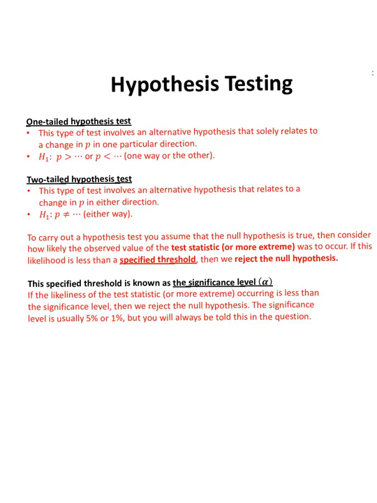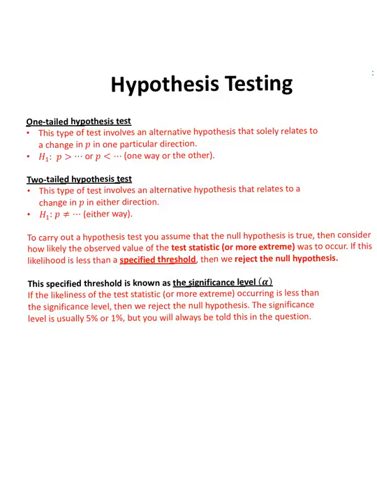Different types of hypothesis testing we can do. What we've looked at is the one-tail test. So we have our null hypothesis where we assume what is being said is true.